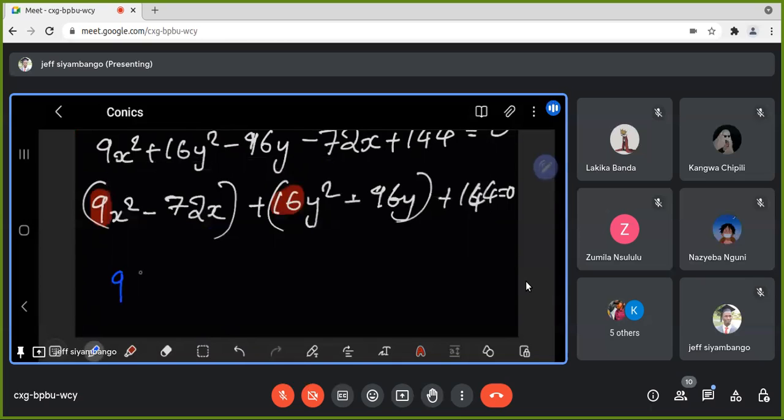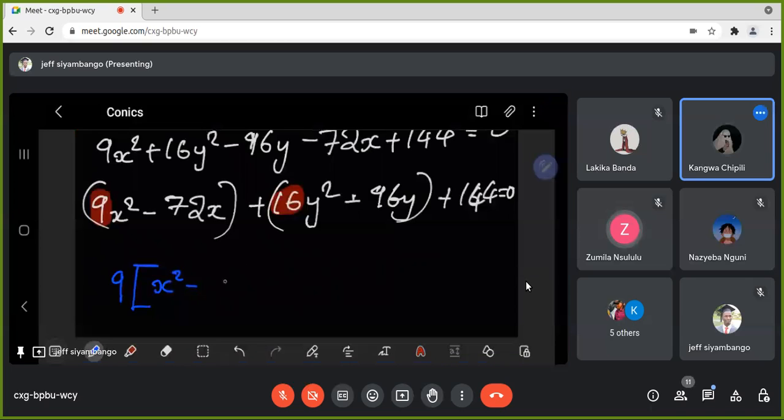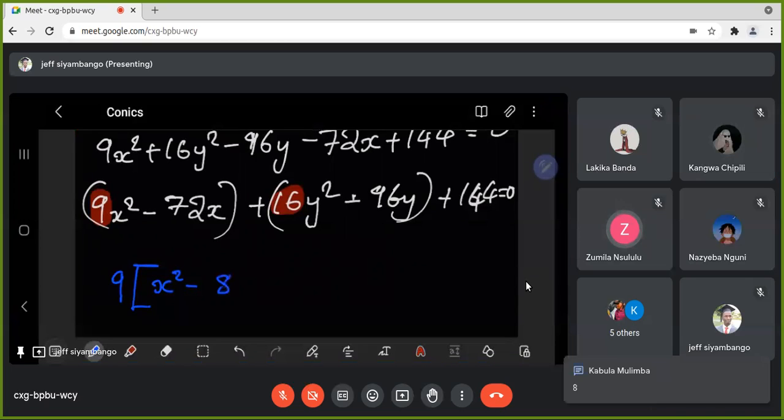So pull out 9 first, so that you are only dealing with x squared being positive. If I pull out 9 from 72, how many times does 9 go into 72? Is it 8 times? 8.